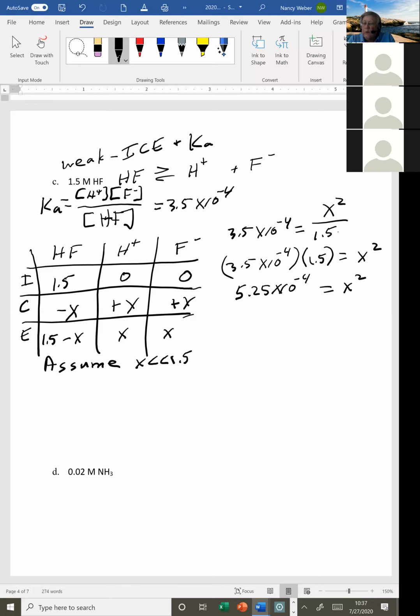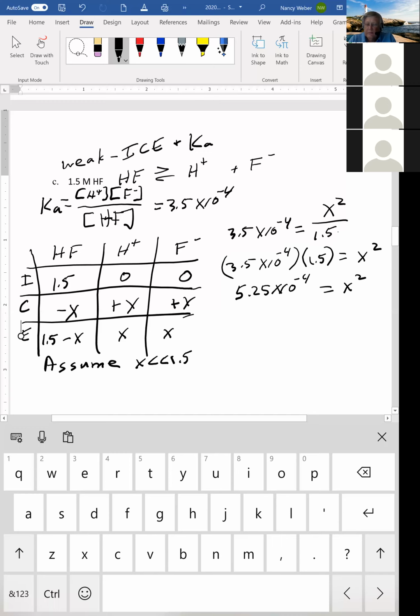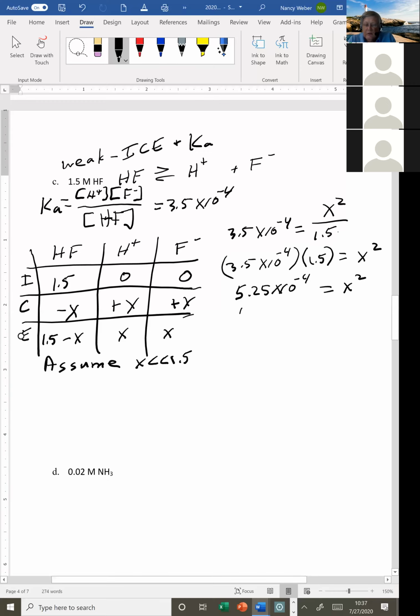And the square root, 0.0229 molar, is x, which also equals H plus, which also equals F minus. Is that what you got?